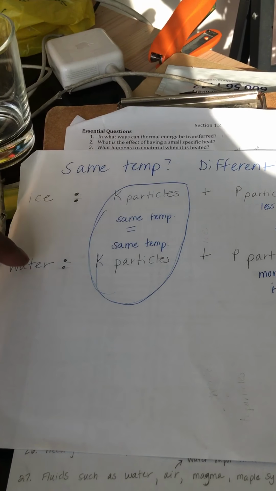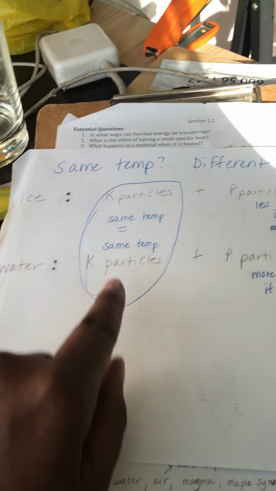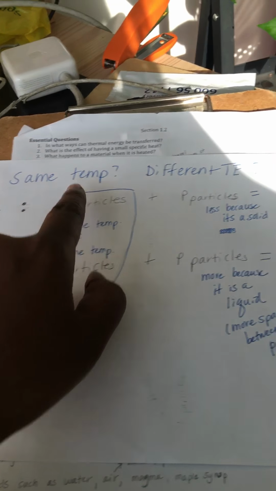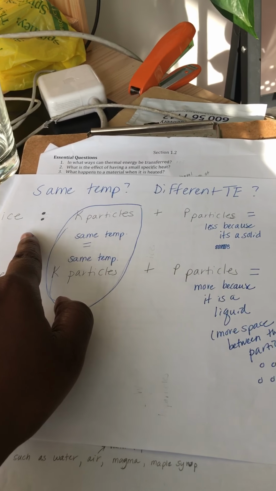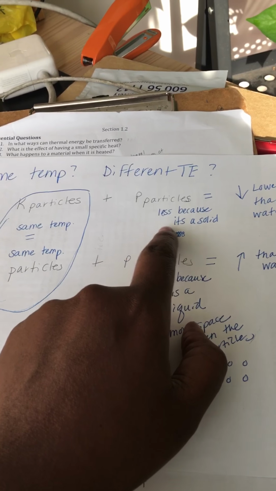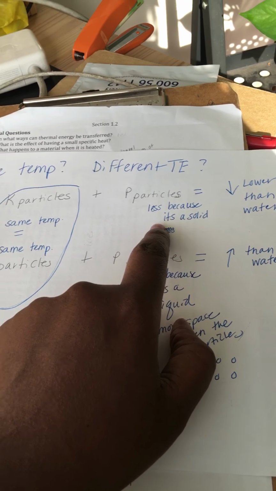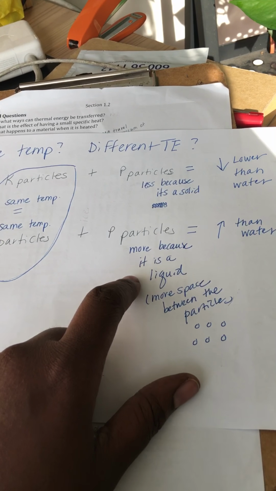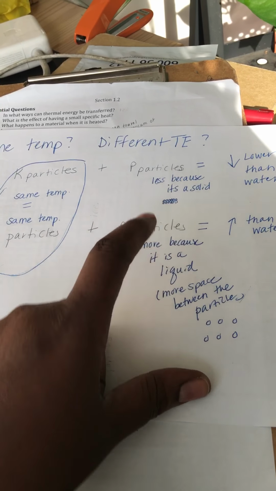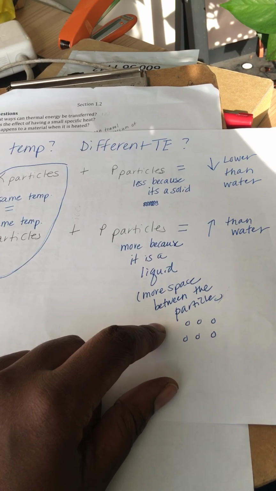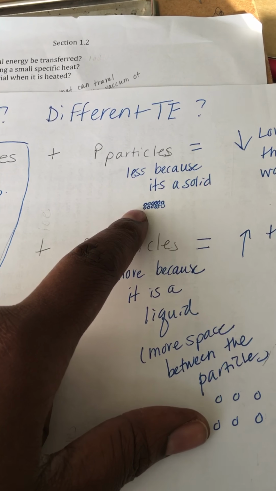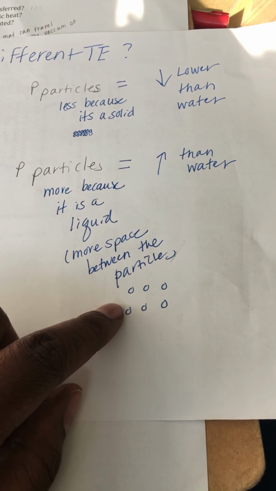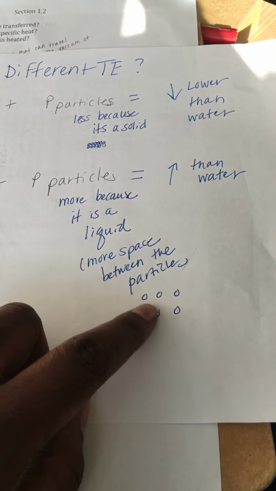So even though the ice and the water have the same kinetic energy, their particles have the same kinetic energy and they're the same temperature, because one is ice, it's a solid, solids have less potential energy. And because one is water and it's a liquid, liquids have more potential energy than solids because there's more space between the particles. So this is what the particles in the ice look like. Not a lot of potential energy, but this is what the particles in the liquid look like, more potential energy.